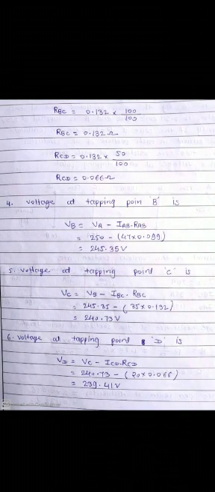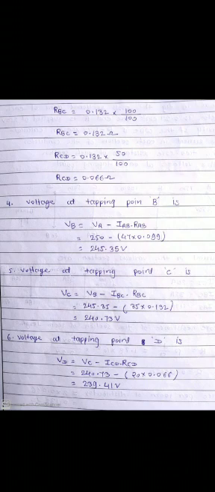Like that we calculate the resistance of the various sections. RBC, the resistance in section BC, is equal to 0.132 into 100 by 100, so RBC is equal to 0.132 ohm.